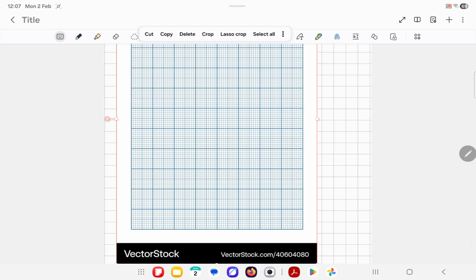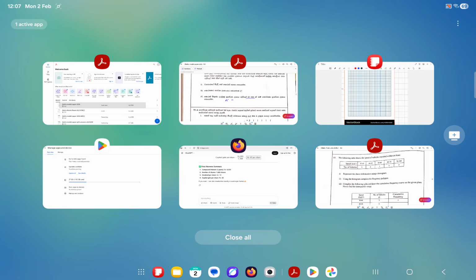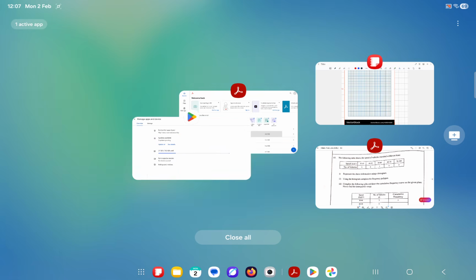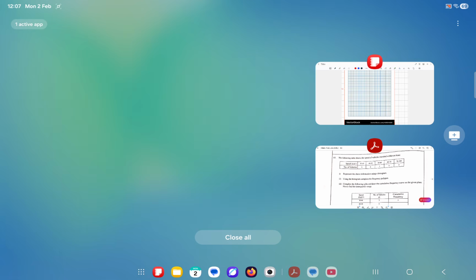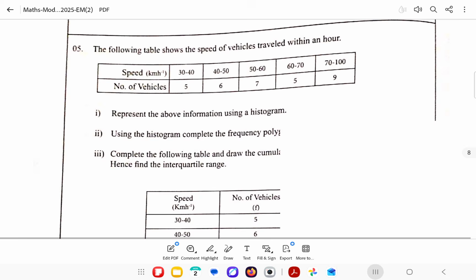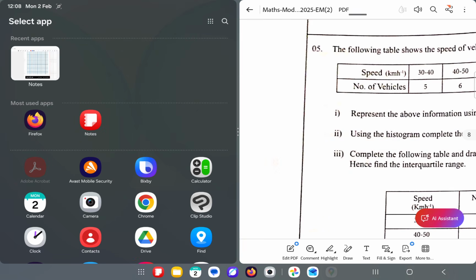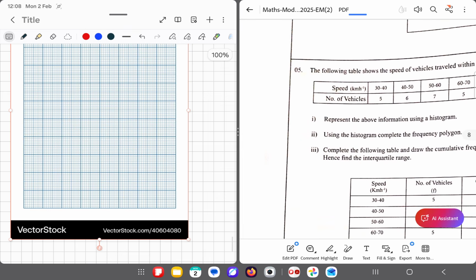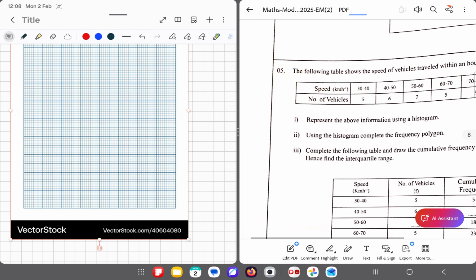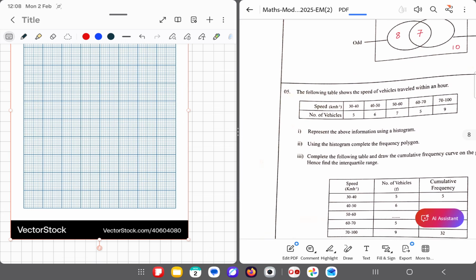Let's use this graph paper to draw the histogram. So the classes are 30 to 40, 40 to 50, 50 to 60, 70 to 100.